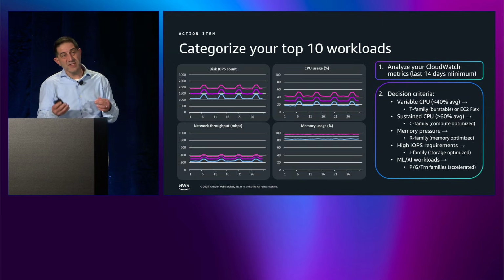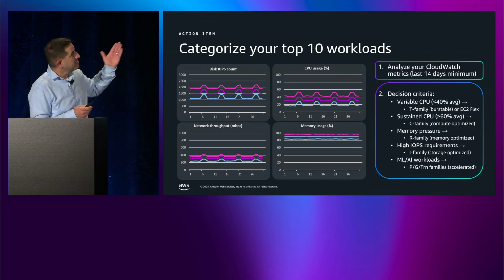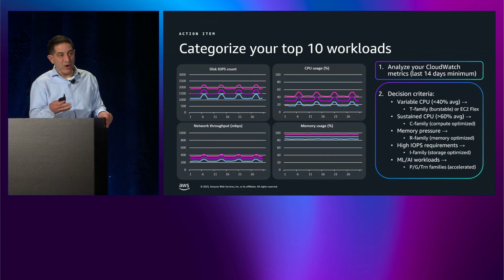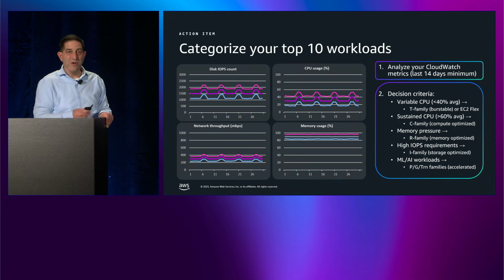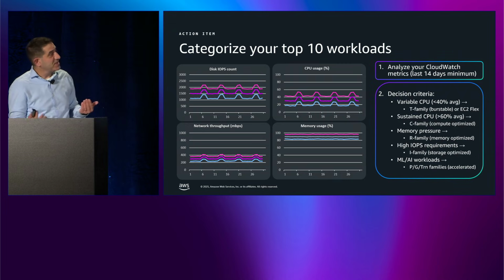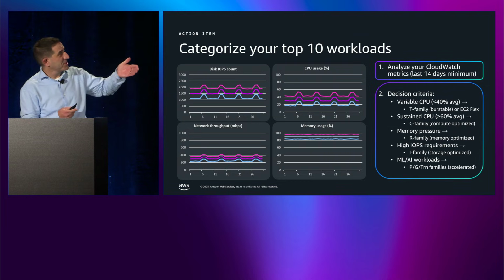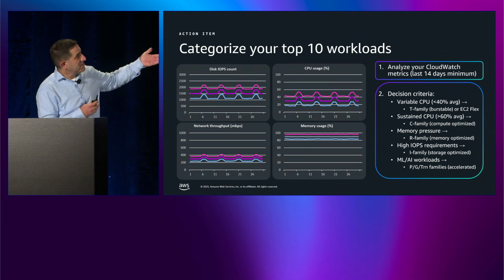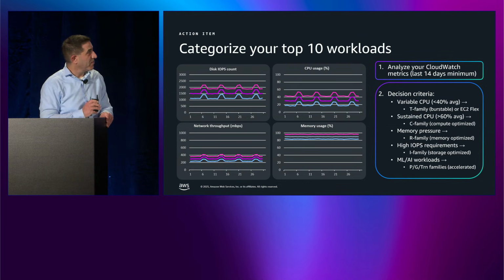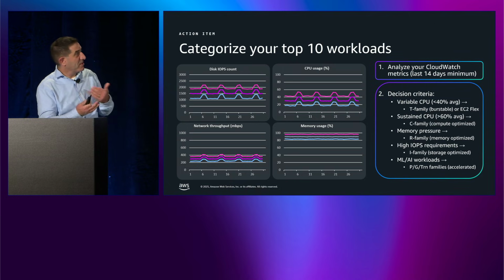So many customers will miss this step where you really want to make sure that you're sending your particular workload metrics to something like CloudWatch or your preferred platform of monitoring to make sure you understand the characteristics of your workload. Once you have a good understanding of those characteristics, for example, if you're monitoring your CloudWatch metrics for the last 14 days, start to walk down a decision criteria platform and think about, do I have a lot of variable CPU?